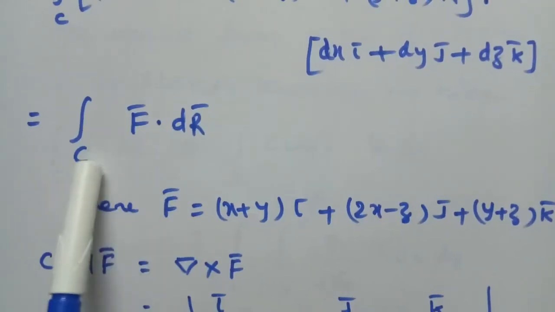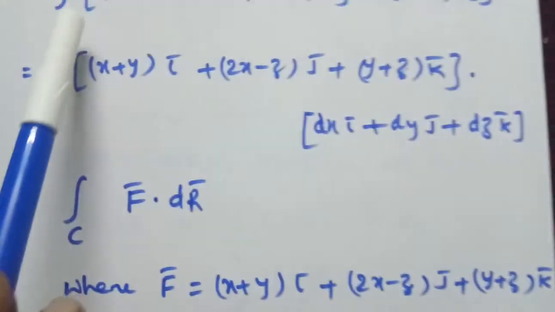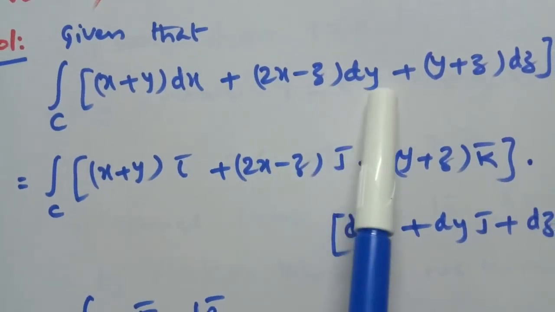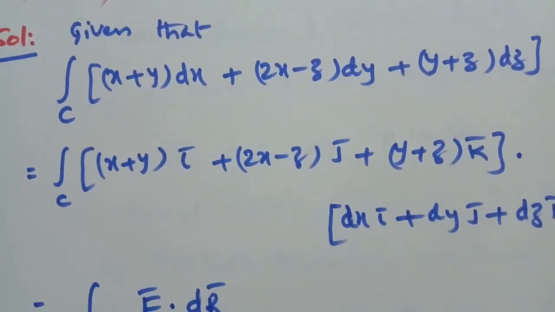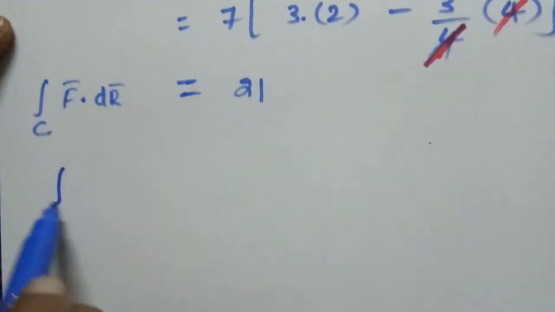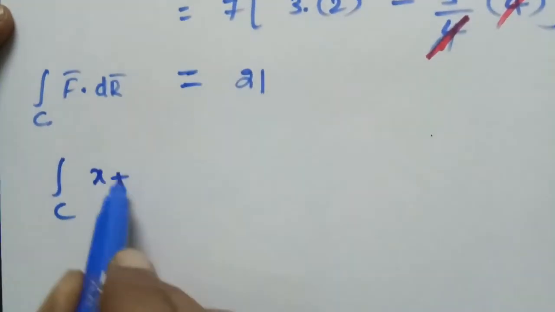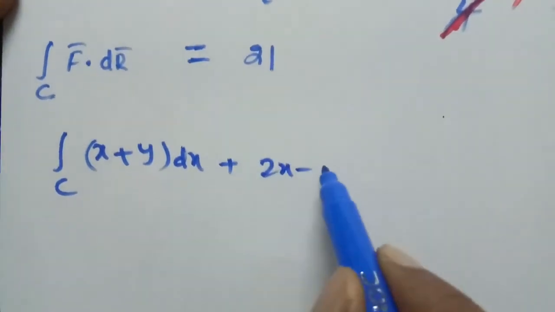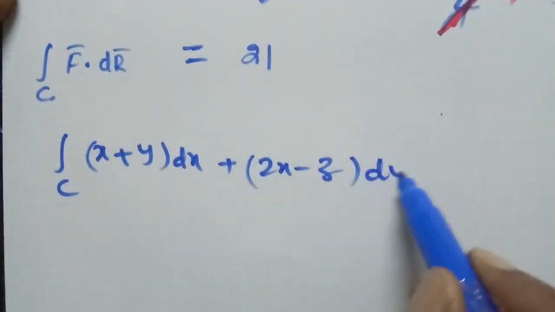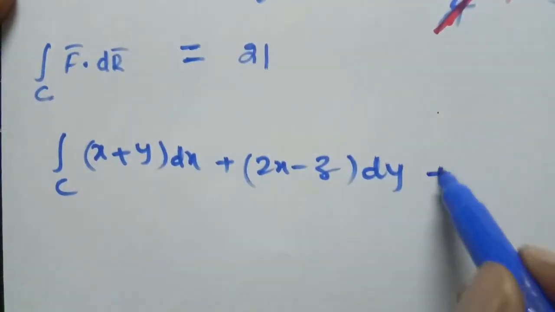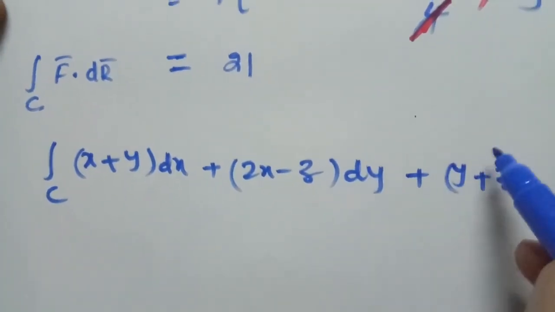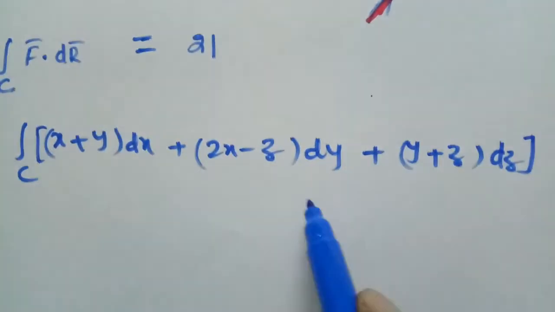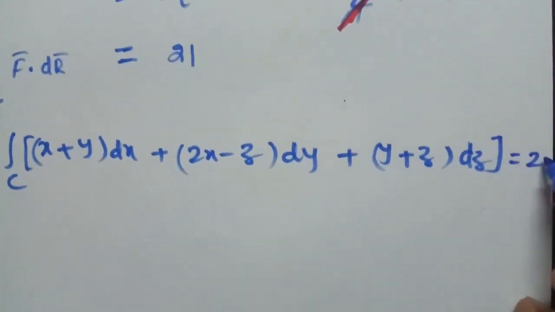But the integral over C of f bar dot dr bar is equal to the integral over C of (x plus y) dx plus (2x minus z) dy plus (y plus z) dz, that is equal to 21.